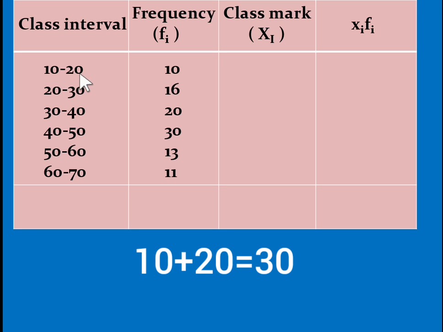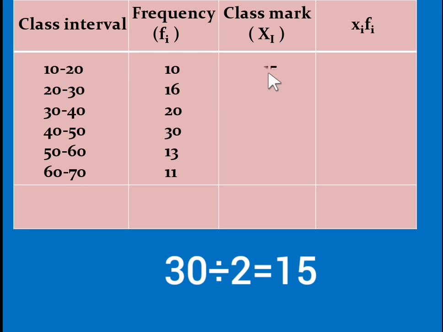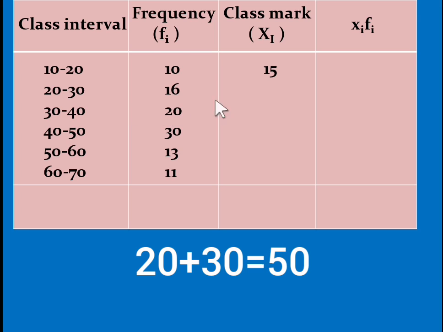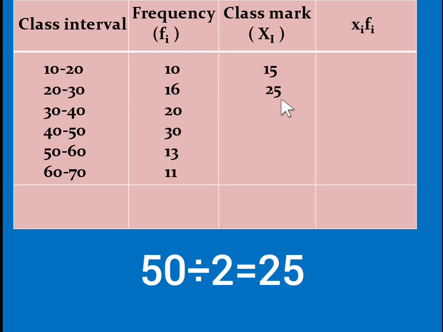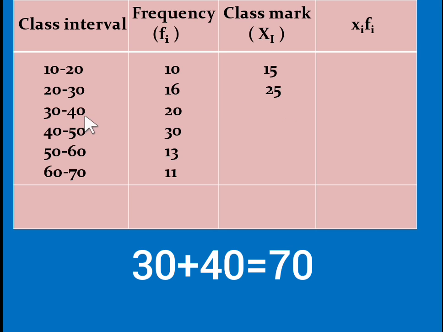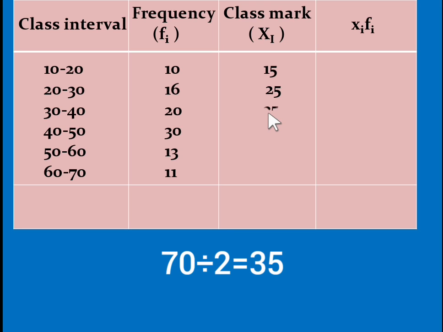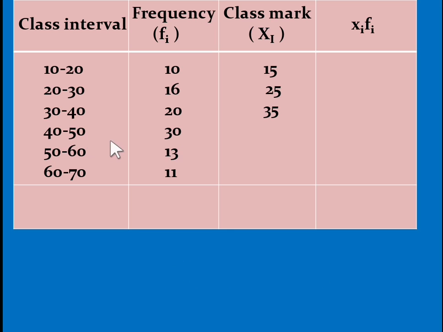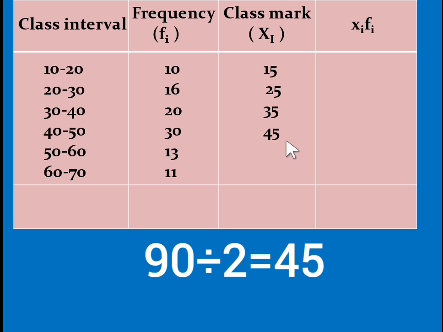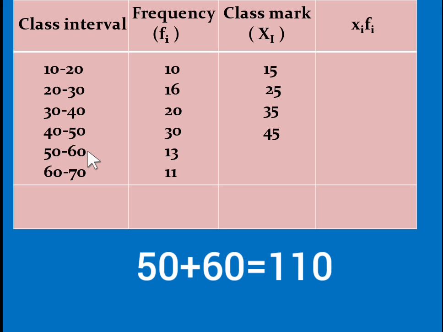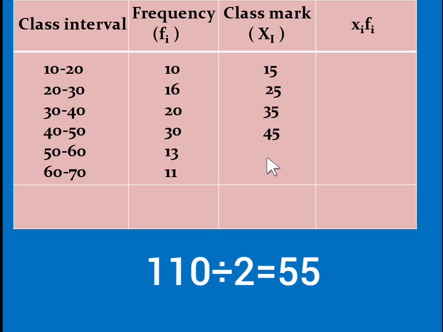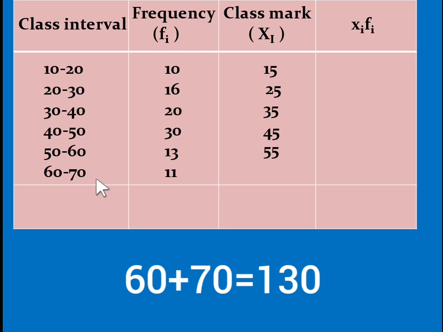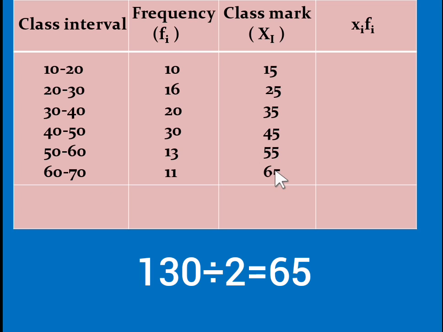10 plus 20 is 30. 30 divided by 2 is equals to 15. 20 plus 30 is equals to 50 divided by 2, 25. 30 plus 40, 70. 70 divided by 2, 35. 40 plus 50, 90 divided by 2, 45. 50 plus 60, 110 divided by 2, 55. 60 plus 70, 130 divided by 2, 65.